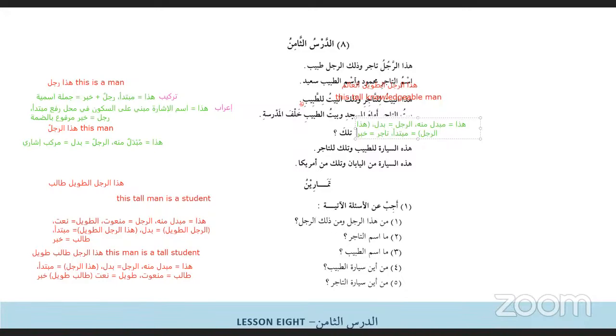Okay, let's just bring that there. It's a bit more neat. هذا مبدل من, الرجل is بدل, and then the phrase هذا الرجل will be مبتدأ, and تاجر will become the خبر. What does هذا الرجل تاجر mean?